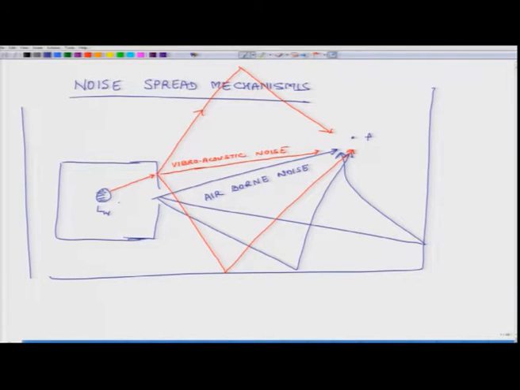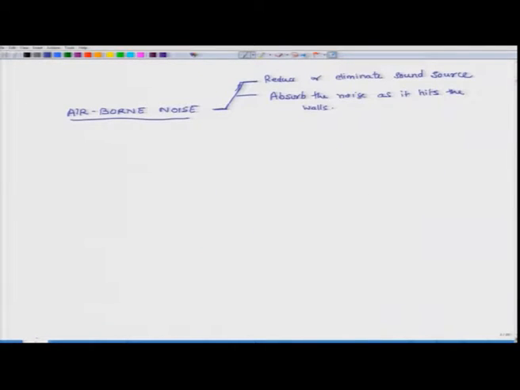We see that some noise is reaching directly to this point, but a lot of noise is also reflected noise, and if during the process of reflection some of it gets absorbed by the walls, then less noise will reach the person at the point of interest. So, that is what I mean by absorbing the noise as it hits walls, and this can be accomplished by noise absorbing materials. So, we can use specific materials to absorb noise.